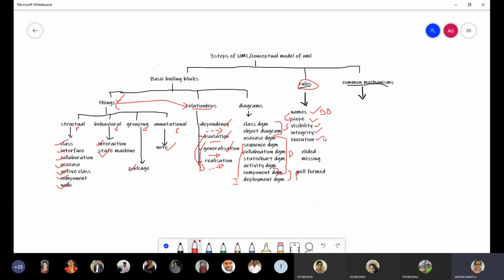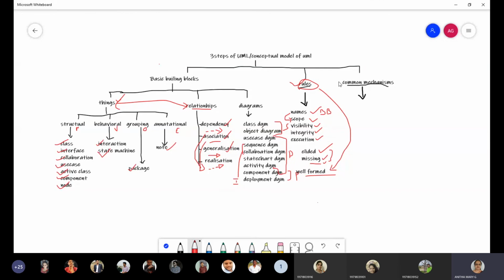While doing this, teams may build models where some things are hidden, something is missing, or it is inconsistent. Such things lead to an unsuccessful project, whereas a project depending on the rules can be developed as a well-formed model. So this is the first topic I wanted to cover today.